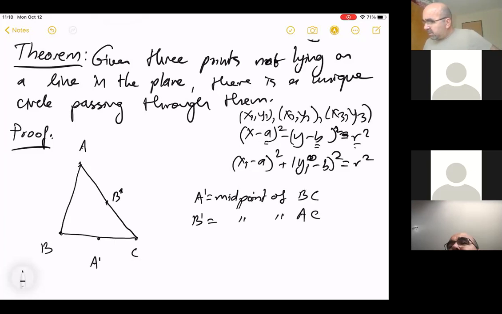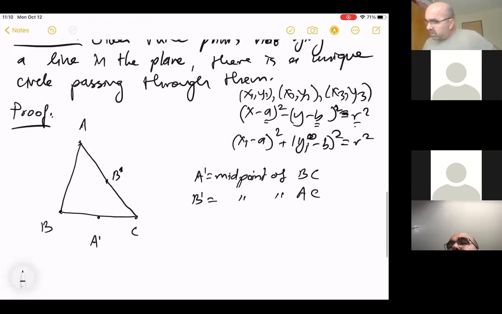Let's draw the perpendicular lines at A prime and B prime, something like this. Let's look at the intersection point and call that point O.